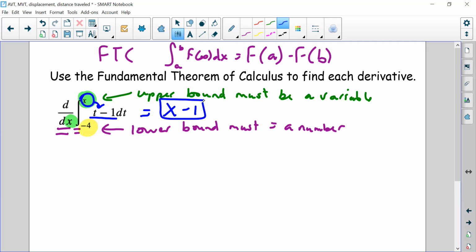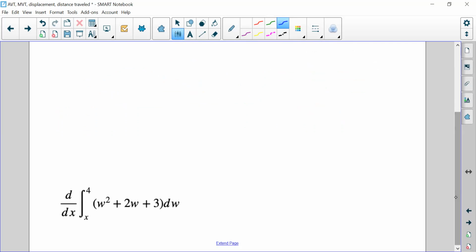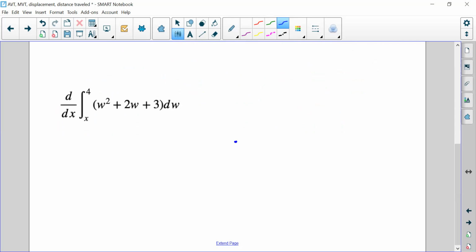Now, I do add a couple steps later, but not too many. I look at this one and see, does it meet my requirements? Is there something wrong? The number isn't in the bottom. It doesn't meet the requirement, because the number has to be my lower limit and the variable has to be my upper limit.